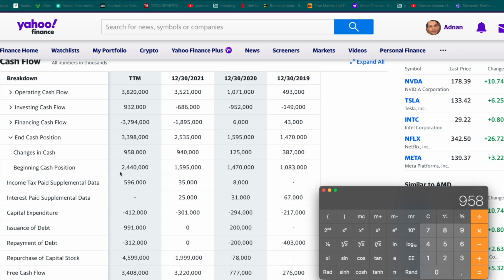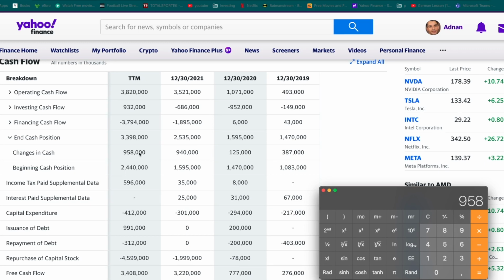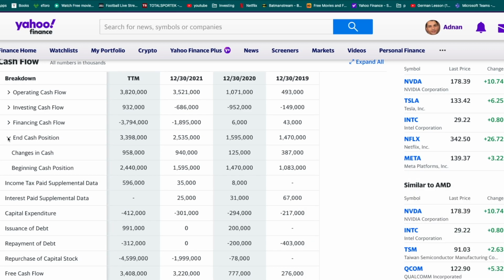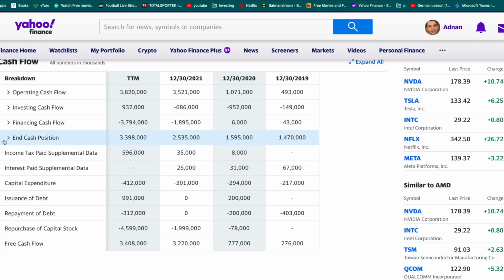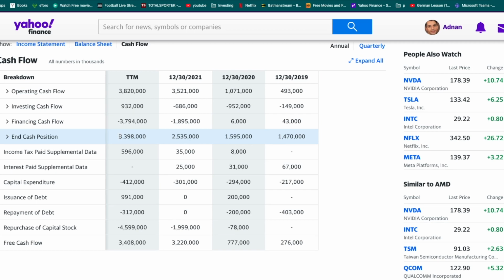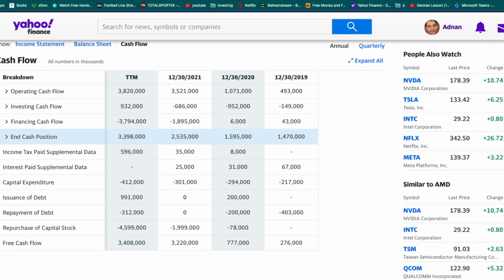By taking the beginning cash position of the company, 2.4 billion, plus this year's change in cash, the end cash position of the company is around $3.3 billion. And this is a good thing, that the company should have a positive cash flow. If this is negative, it means the company does not have enough cash to spend for the next year.